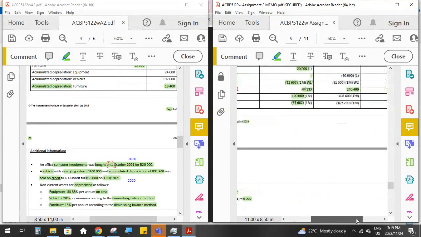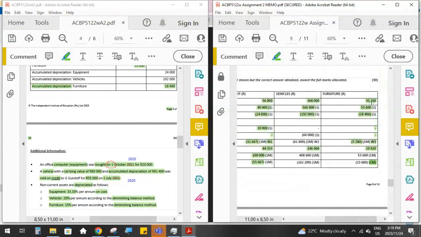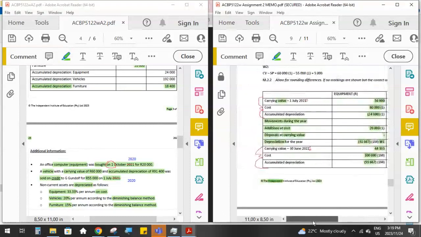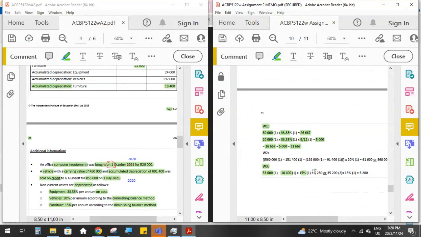You've already done this over here, so you could have just written 35,200. You won't lose any marks if you do it that way. 35,200 multiplied by 15%, because that's what they've told us, 15%, diminishing balance method, equals 5,280.